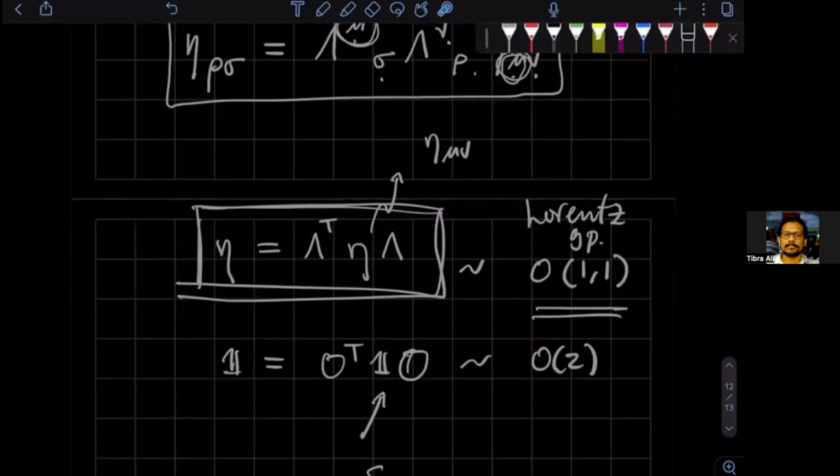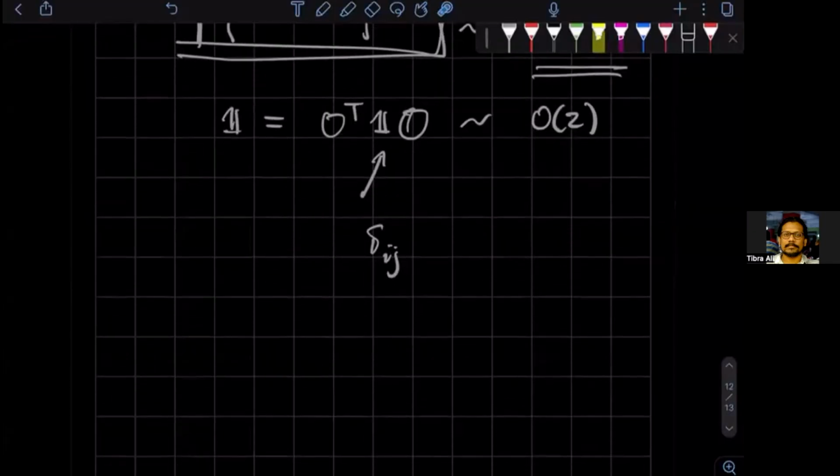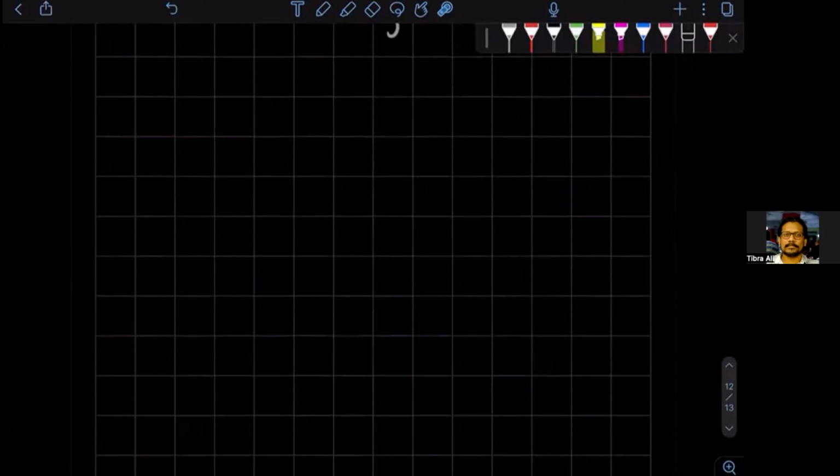Okay, so let's start. We already talked about the conventional parameterization of O1,1. So we're talking about O1,1, which is the Lorentz group.